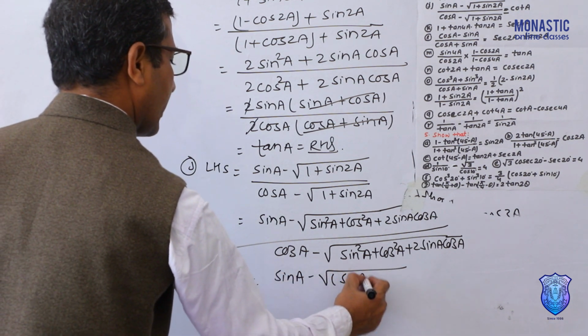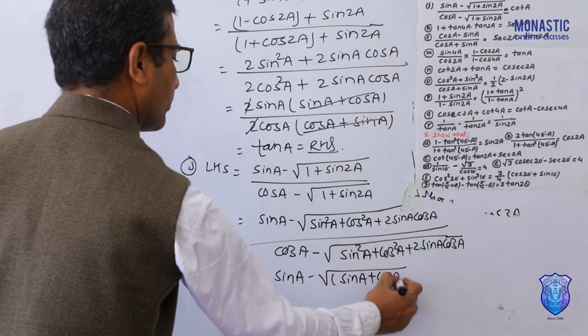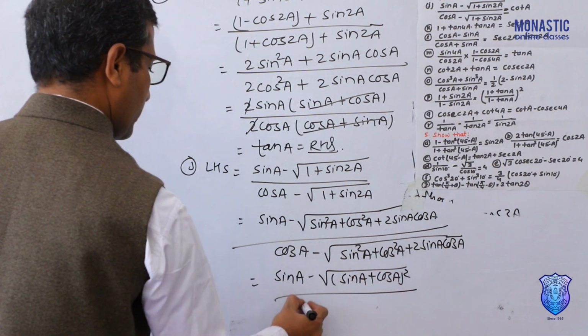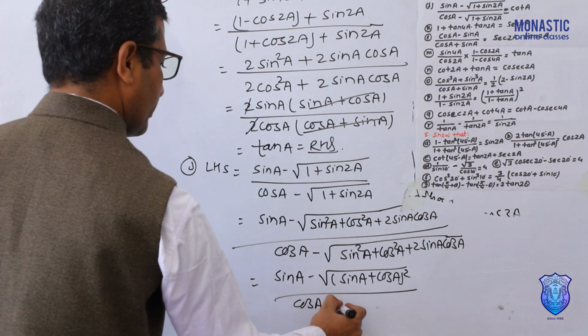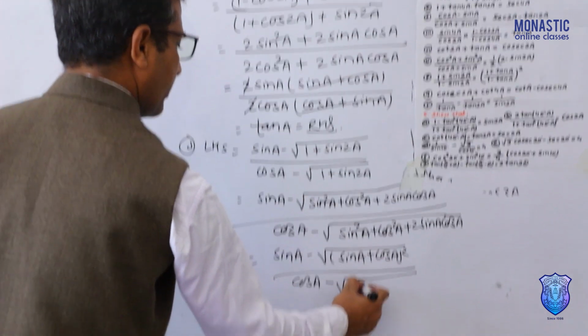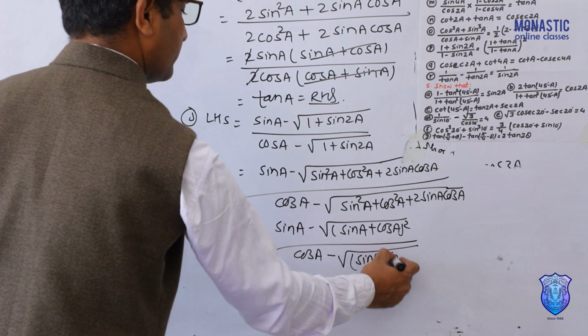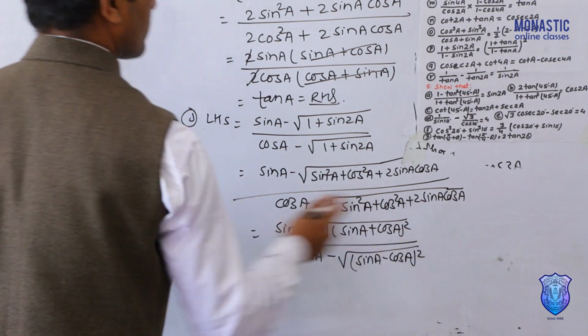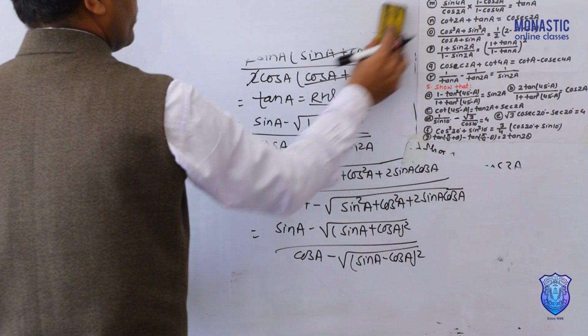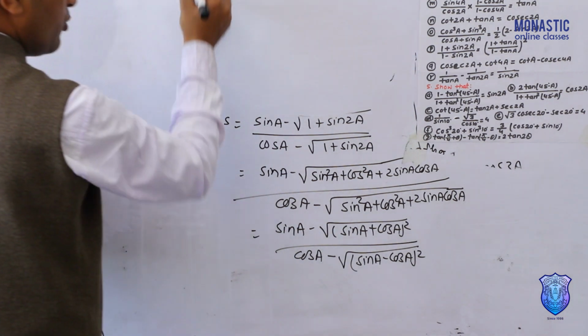You can write sin A plus cos A whole square. Down it is sin A minus cos A whole square. So when it is a square, now we can remove the square root.